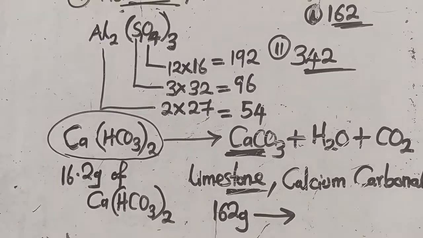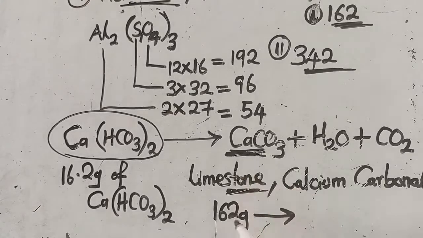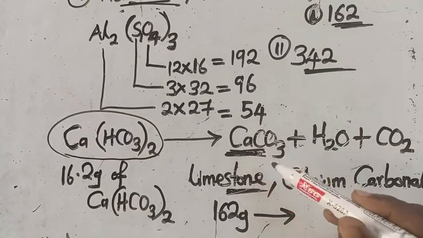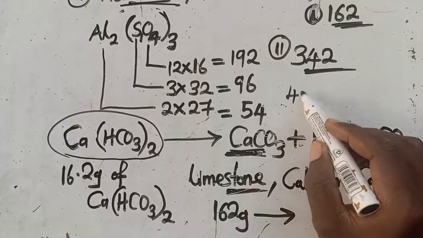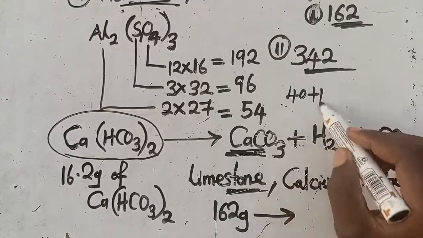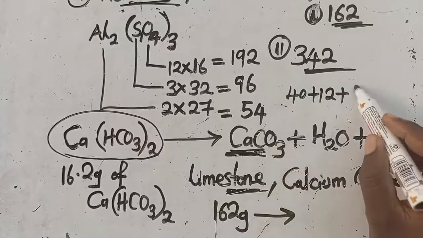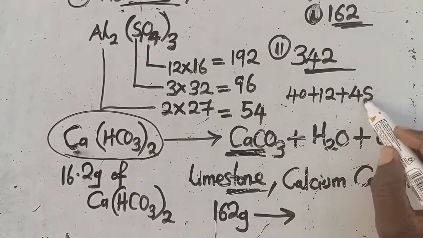Since we want to find for this 162, we calculated it for calcium hydrogen carbonate. How about calcium carbonate? You also do the same. This is 40 plus 12 plus 3 times 16, which is 48.